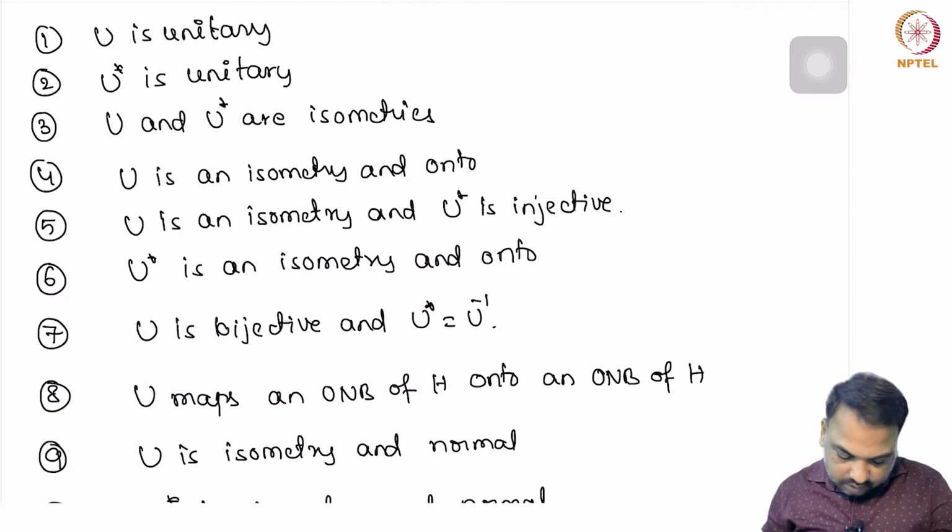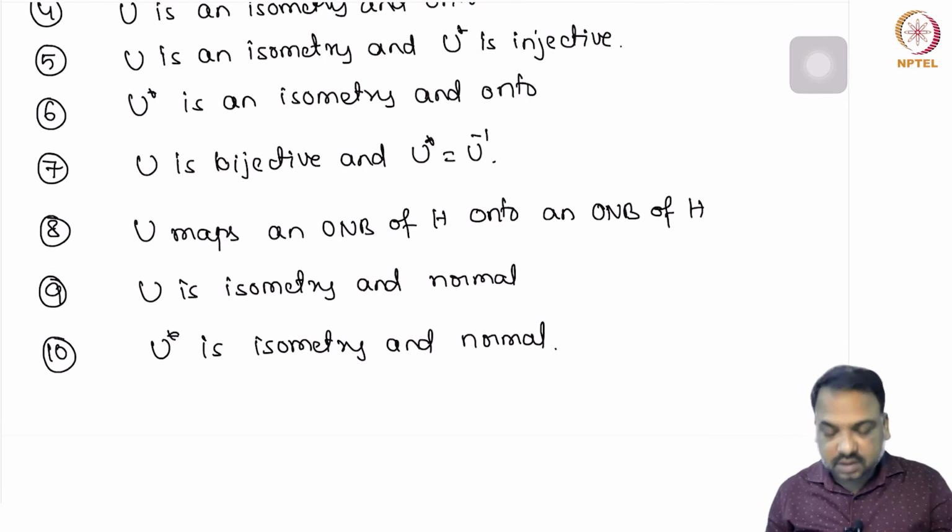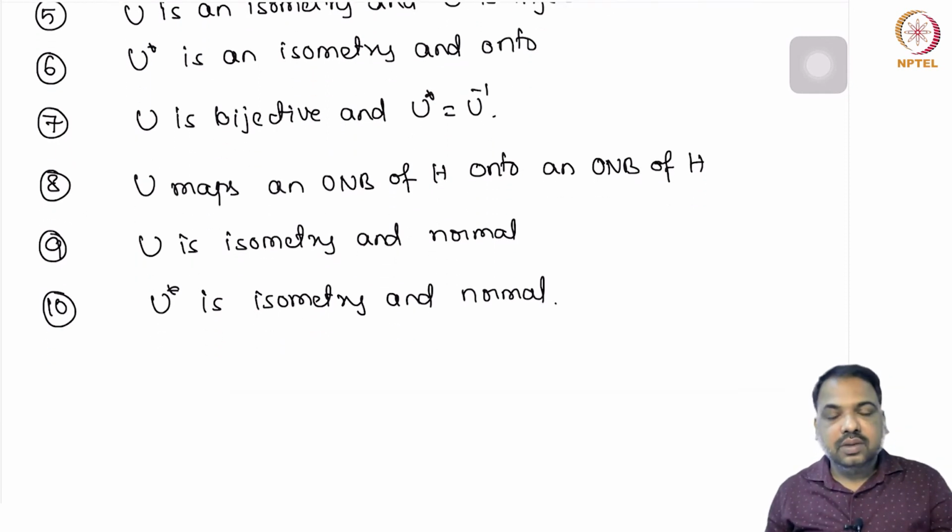And for example, 9 and 10 are equivalent. 8 and 9 we can show easily from the characterization of isometry, and the remaining also can be shown in an easy way, though sometimes we have to use the inverse mapping theorem to conclude that 6 implies 7. So this can be proved in an easy way directly from the definition of unitary and the equivalent conditions of the isometries that we have already proved.